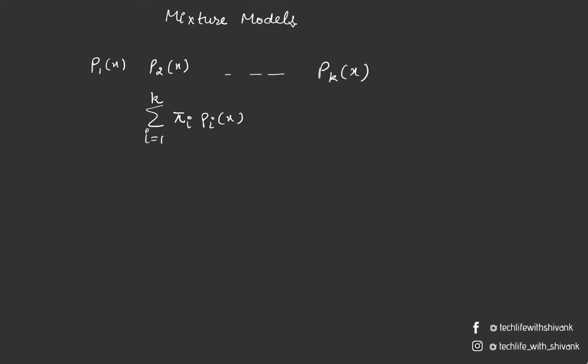This is the convex combination of these k probability distributions such that sigma pi_i is 1. And this convex combination would be a distribution itself, and let's say this distribution is p(x).